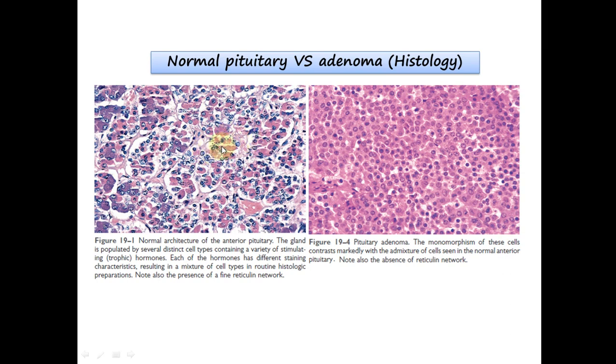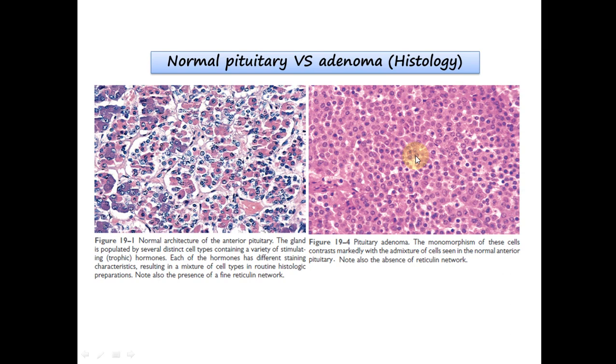So when we see a normal pituitary gland under the microscope, after we have stained it with the hematoxylin and eosin stains, we may see multiple colors. Some trope cells will appear pink, other trope cells will appear blue, and there will be excess connective tissue or reticulin network present among the populations of cells.